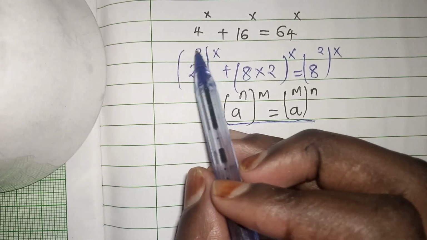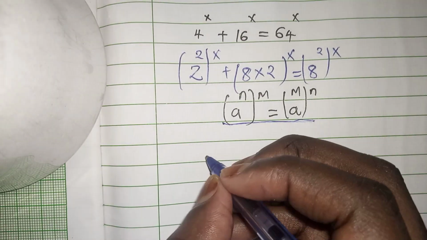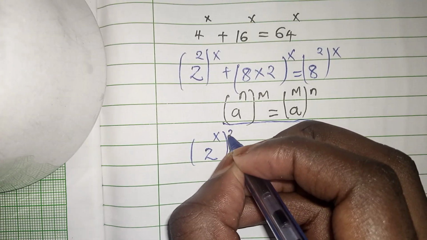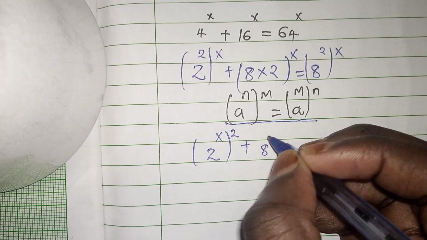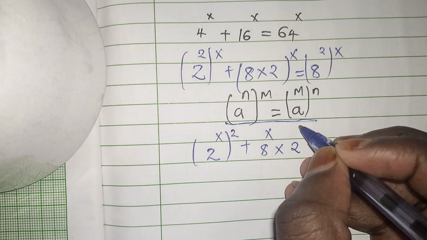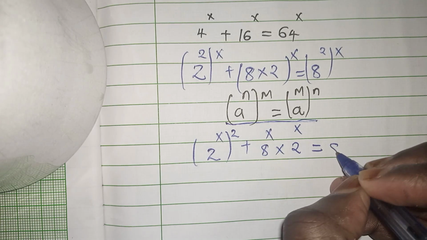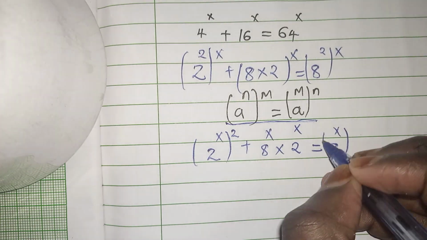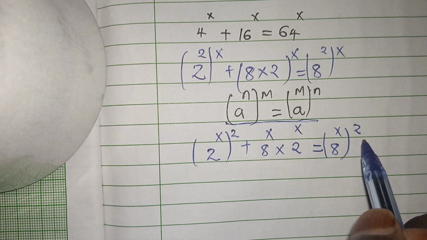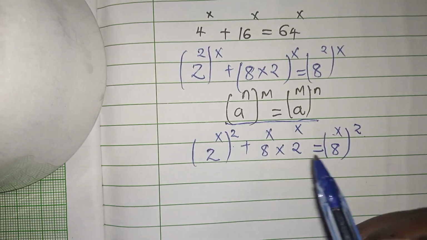So I want us to exchange these exponents here by writing 2 to the power of x, all this to the power of 2, plus 8 to the power of x times 2 to the power of x is equals to 8 to the power of x, all this to the power of 2. I've used this formula to exchange my exponents on this side and this side.